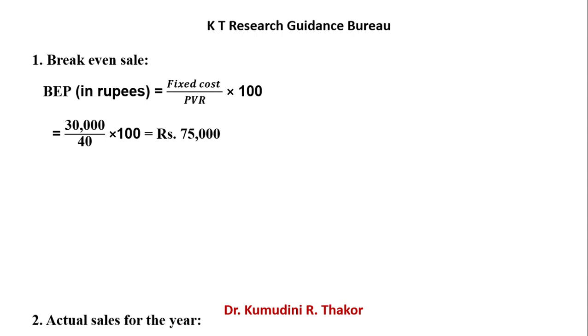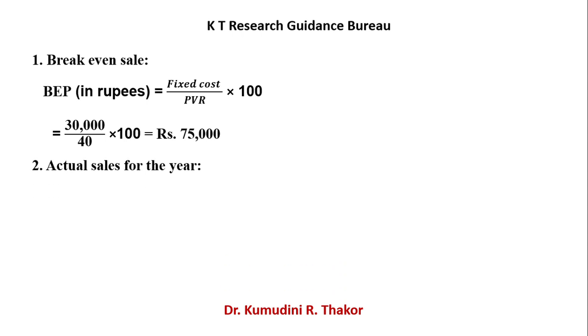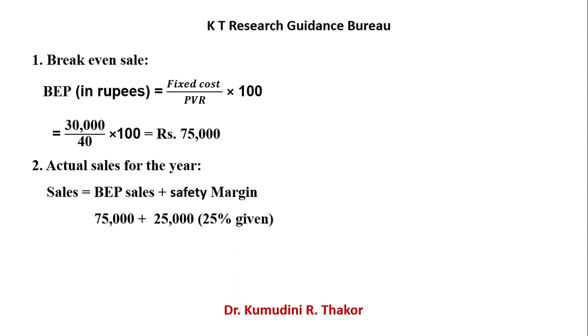Let's find out. How we can find out? Margin of safety is given and BEP sales you find out. So sales is equal to BEP sales plus margin of safety sales. BEP sales 75,000 plus 25%.